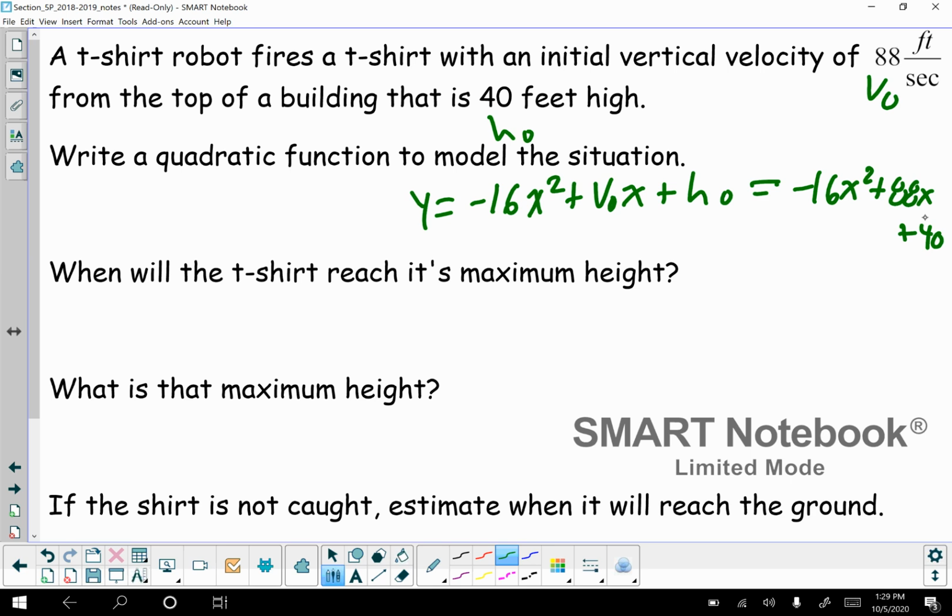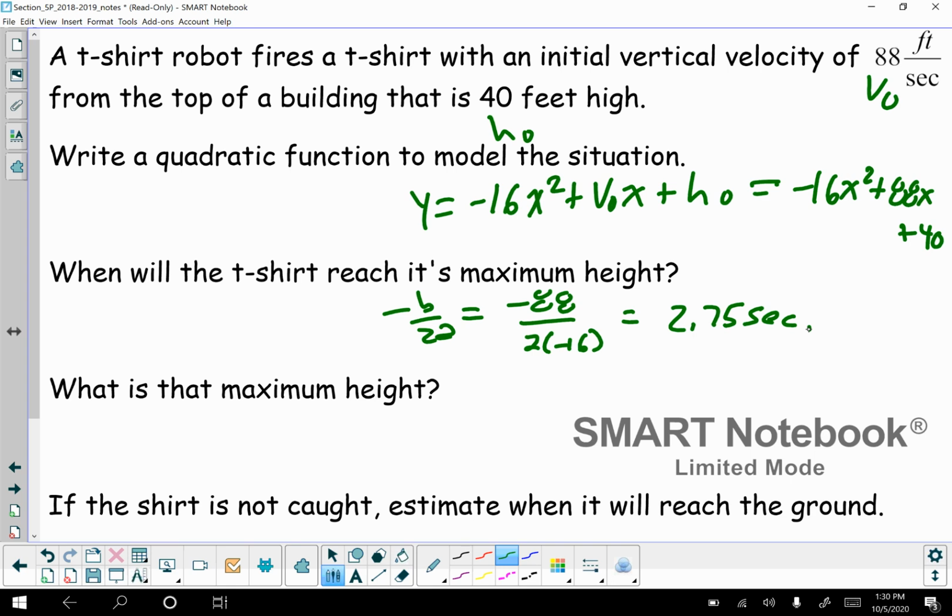When will it reach the maximum height? I'm going to go negative b over 2a. So negative 88 over 2 times negative 16, divided by 32. So 2.75 seconds. It's at its maximum height.